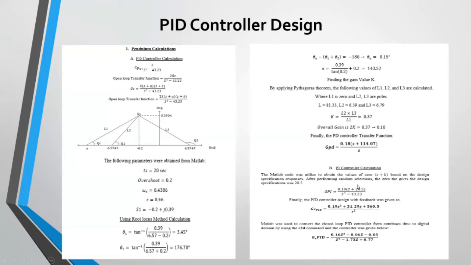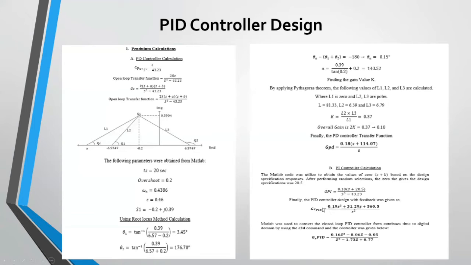So we place 20.5, and then we meet the design specification. After that, the PI controller comes to 0.18 S plus 20.5 over S squared minus 43.223. Finally, when you multiply the PD and PI, you get the PID.